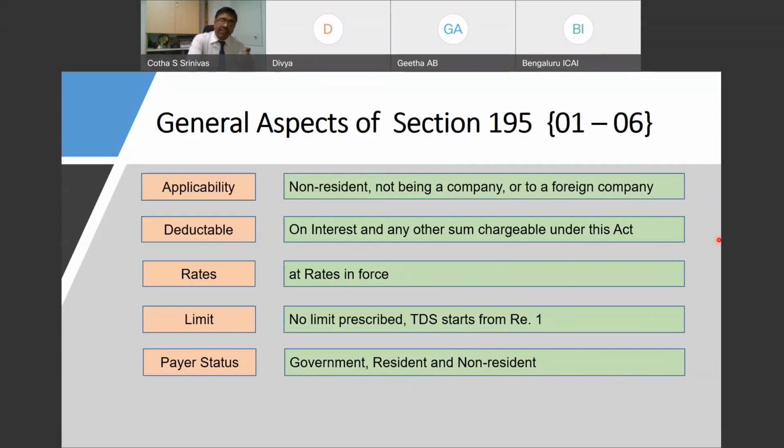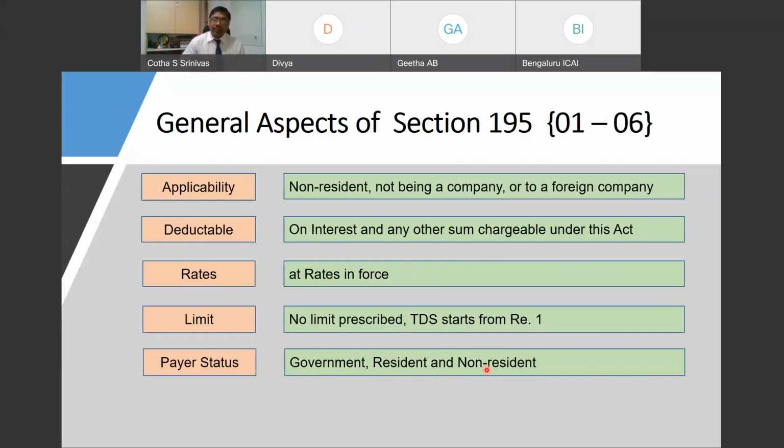But there are certain exceptional situations where a non-resident making payment to another non-resident is subject to tax in India. We are talking about the recipient being a non-resident. So in which circumstances is a payment made by a non-resident to another non-resident subject to tax? The same three types of income apply here: interest, royalty or fees for technical services, paid by one non-resident to another non-resident, and those services are utilized by the payer towards a business or profession, or to earn any income from any source in India.